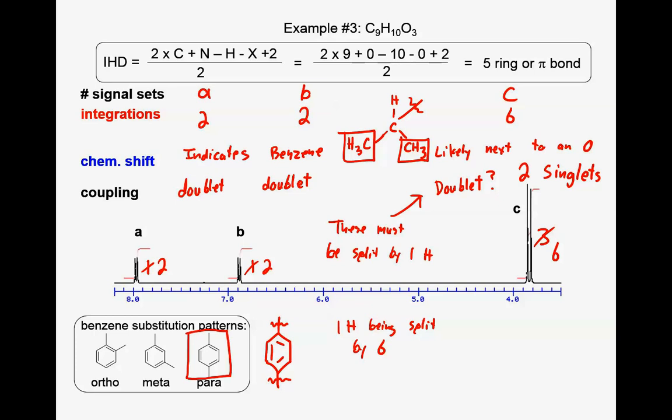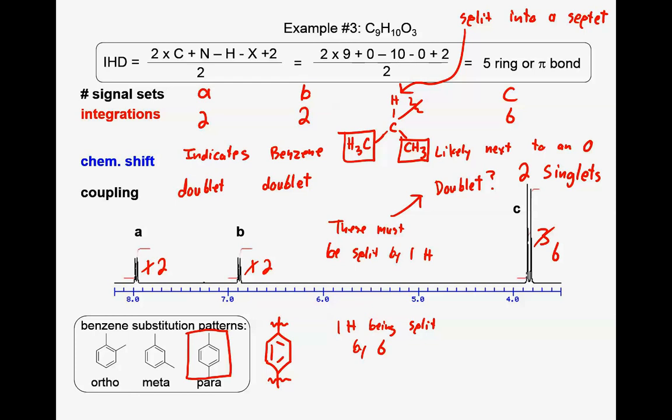Now, we'd also have to have this proton showing up somewhere, and it would have to be split into a septet. Do we have anything anywhere being split into a septet? No. Do we have any signals anywhere else? No. So this can't be a doublet, because something had to be doing the splitting. Instead what we've got are 2 singlets.